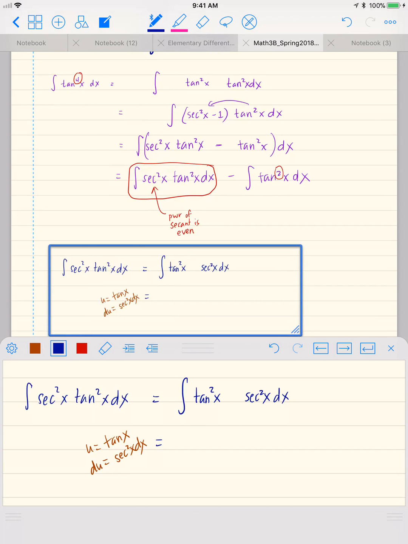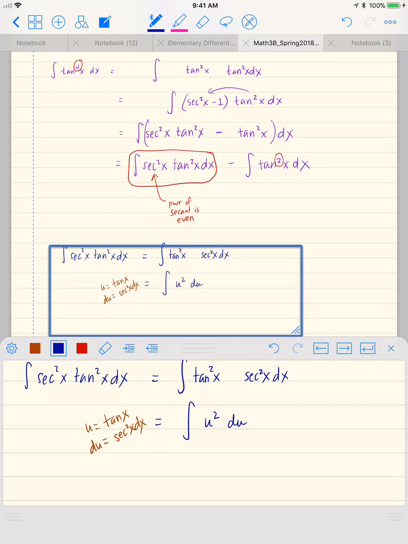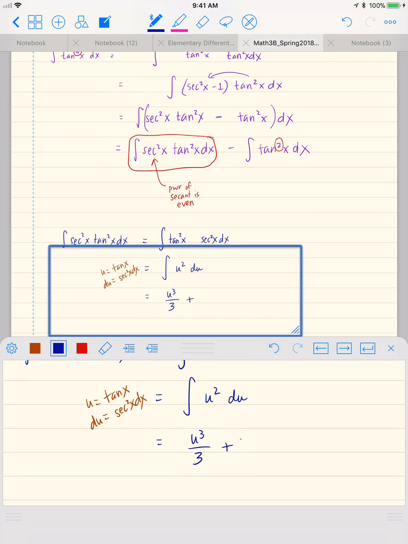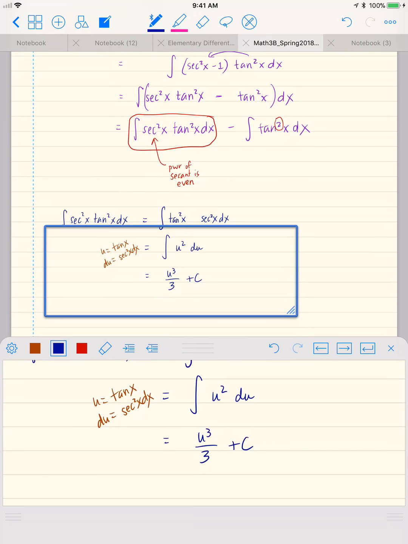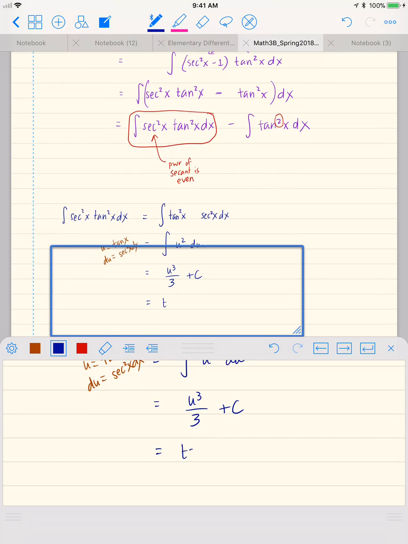Okay, so this integral ends up being the integral of u squared du, which is u cubed over 3 plus a constant. But u, remember, is tangent of x, so we'll have tangent cubed x over 3 plus a constant.